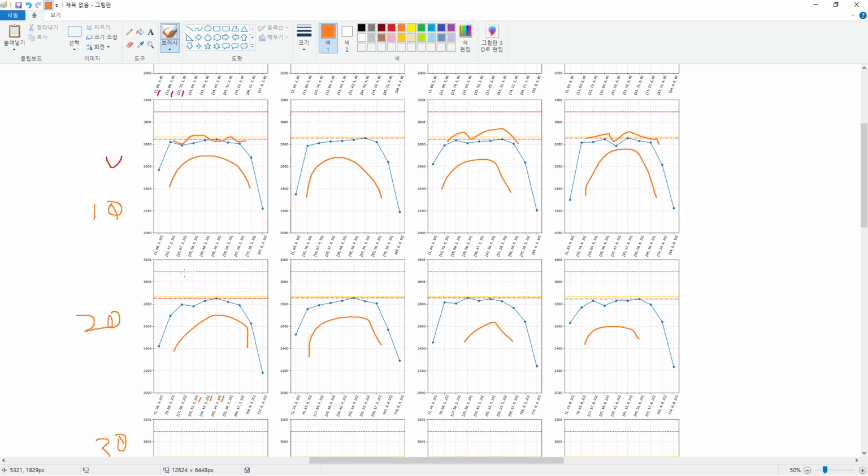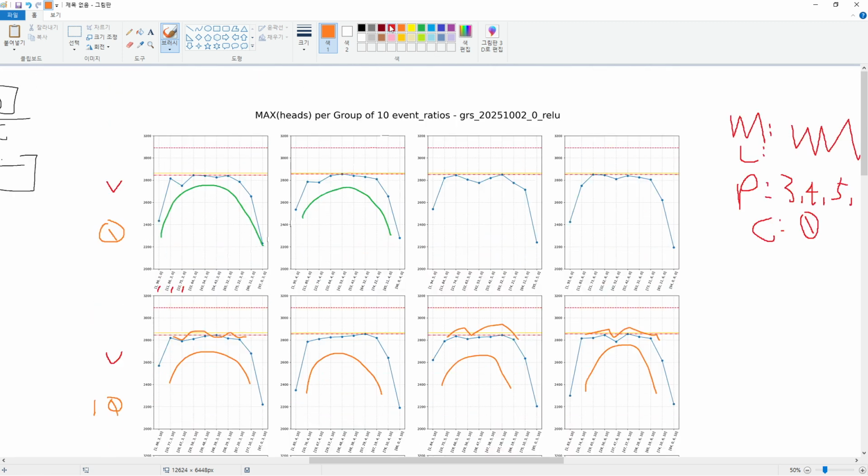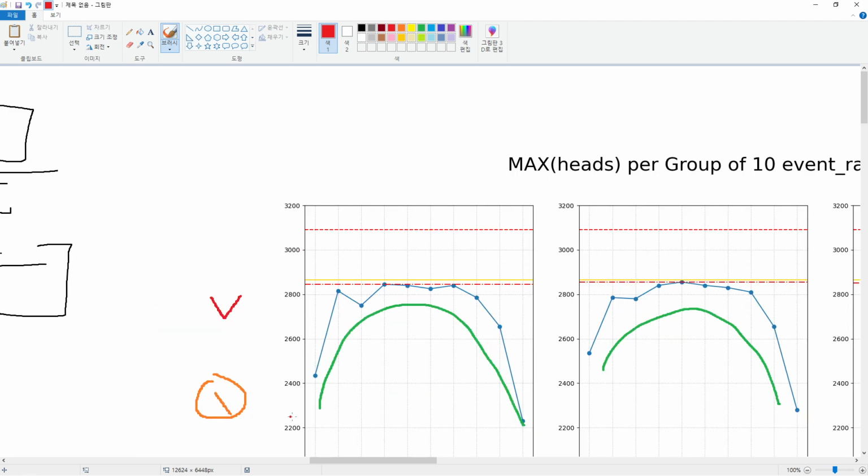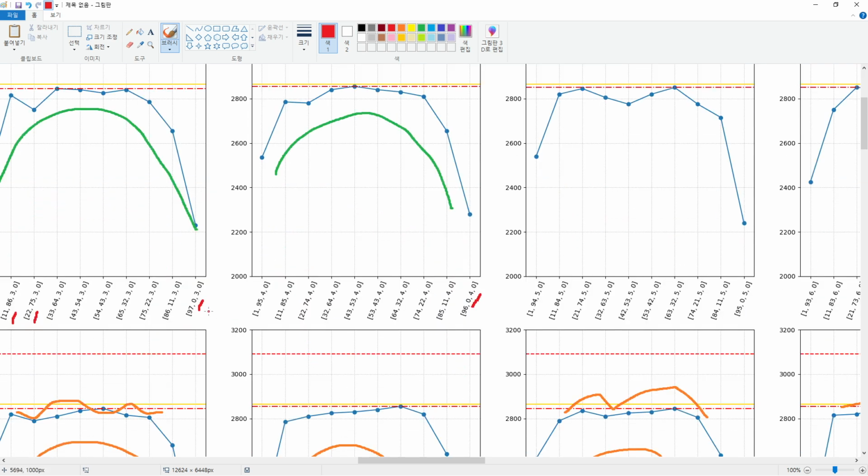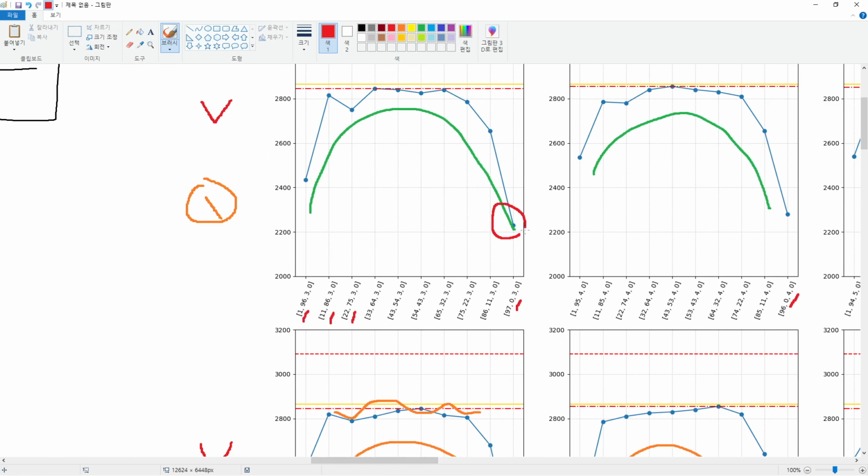Another interesting thing, or something kind of obvious if we think about it, is that if there's no learning, as in the learn event ratio is 0, then the tail end is always lower than the beginning, where some form of mutation happens but a lot of learning happens.